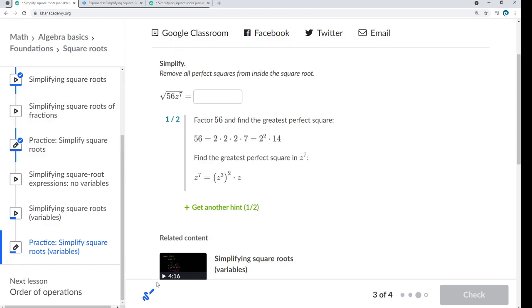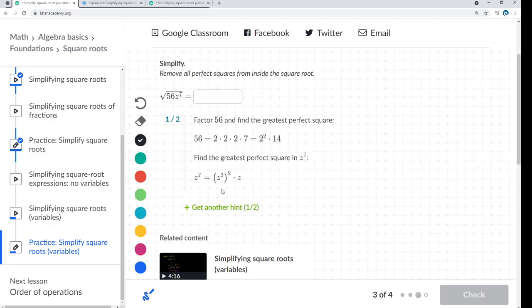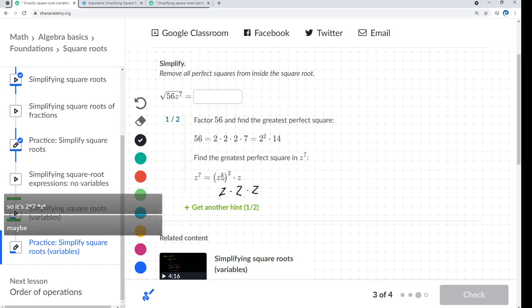If I were to write this out, it's z times z times z, that's z to the 3rd power. And then you're raising that to the 2nd power, so you're doing that twice. So that becomes, this is a continuation.